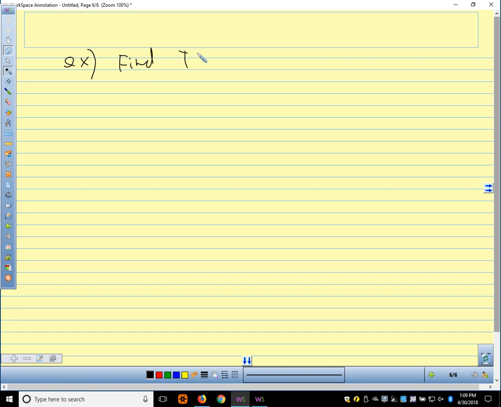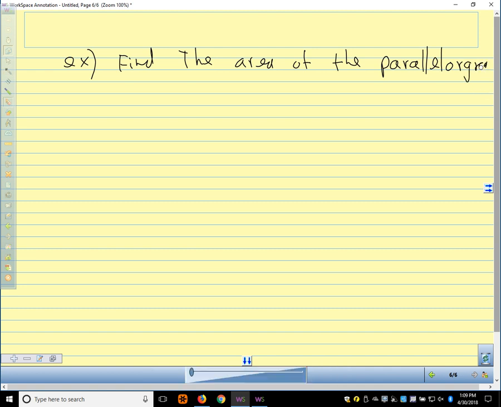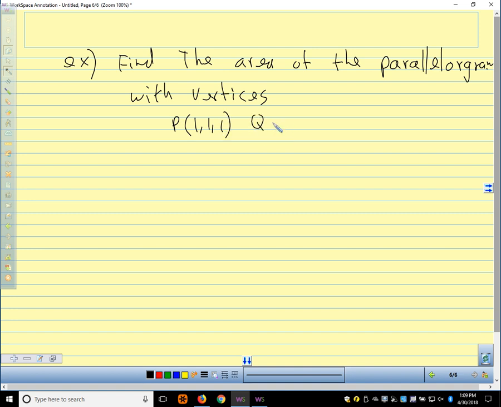Let's find the area of the parallelogram with vertices P is 1, 1, 1; Q is 2, 3, -1; R is -1, -2, 2; and S, which is 0, 0, 0.